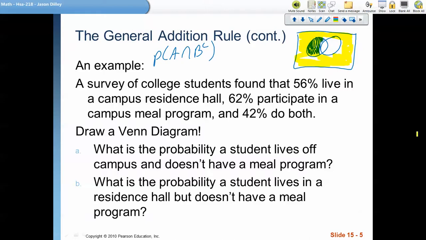Because remember, this circle is B, and everything outside of that circle is B complement. So it is the whole space. Outside of both circles is A complement and B complement. Okay, so for A, represents both. Yes.